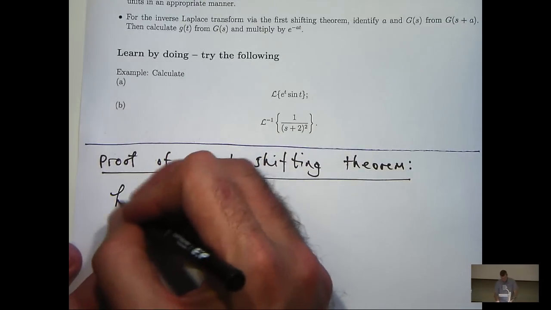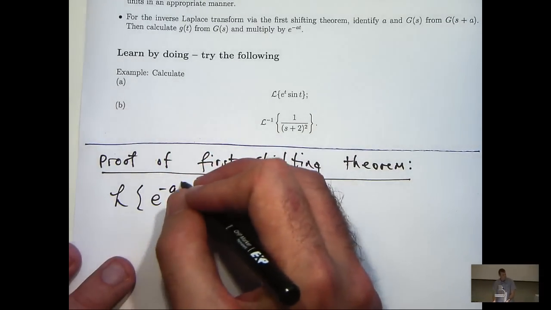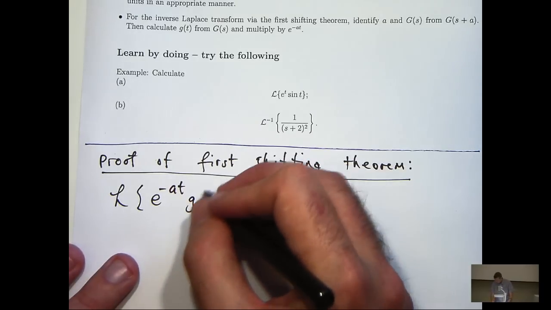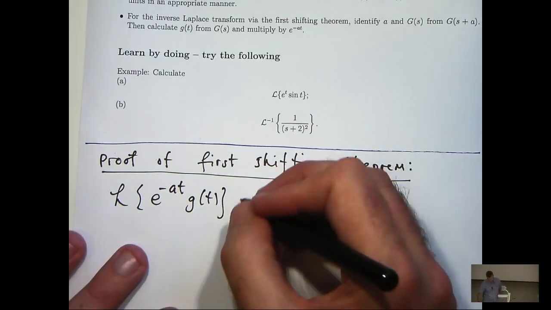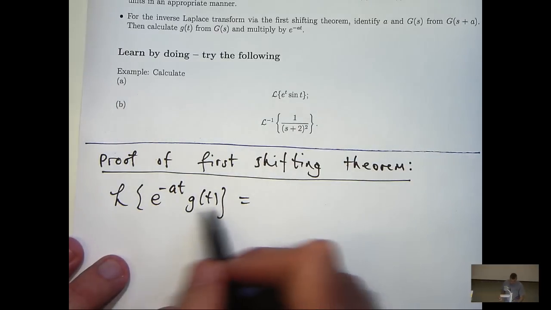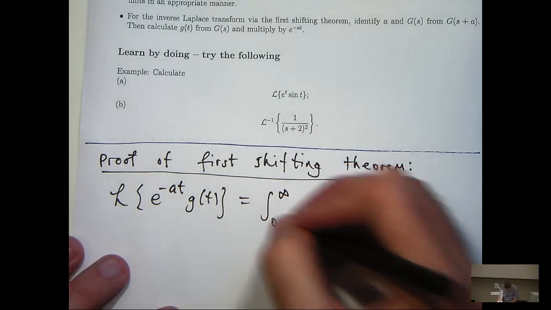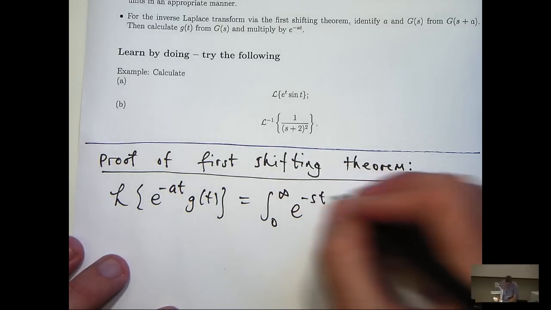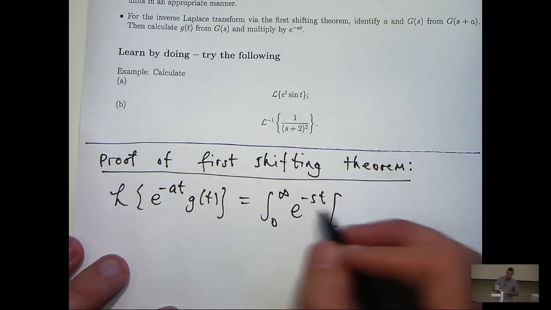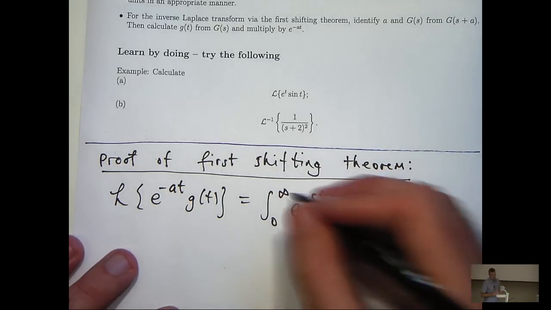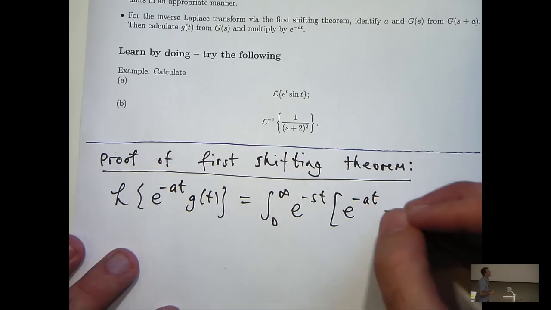Essentially I'm just going to work from first principles of the Laplace transform. If I'm taking the Laplace transform of this function here, I multiply by this exponential and integrate over this half line with respect to t.